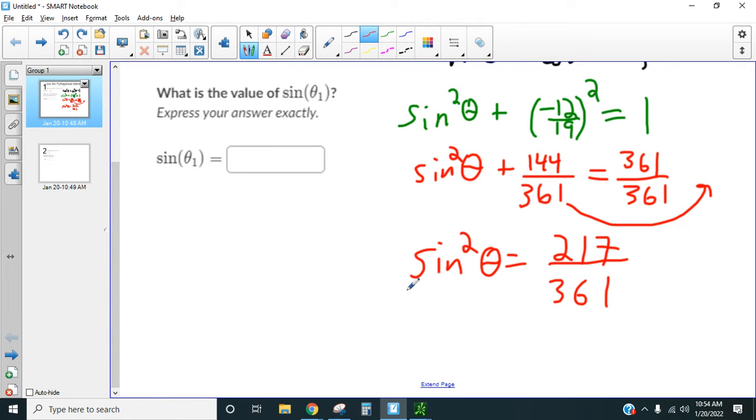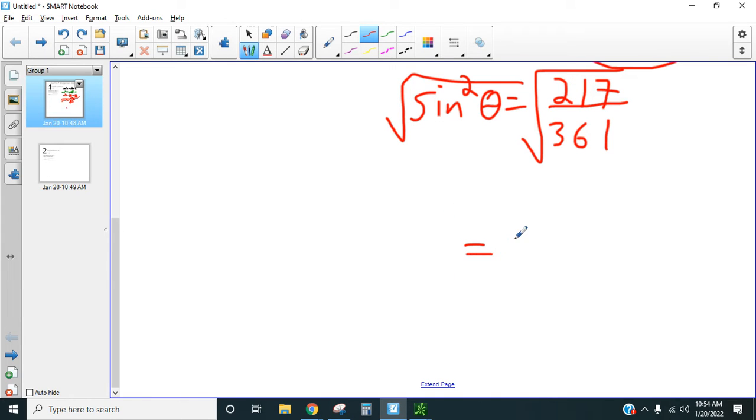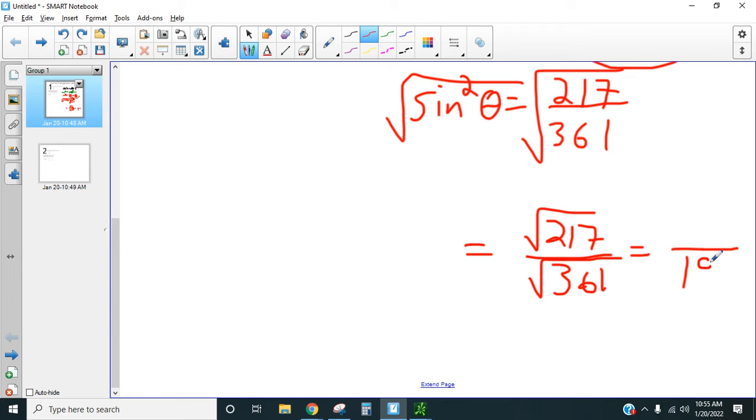And then one last step. Square root of both sides. So we see if we can figure out what the square root of 217 is. See if it's a whole number. And then conveniently, 361 has a square root because we got it by squaring a whole number, right? Wasn't that 19?